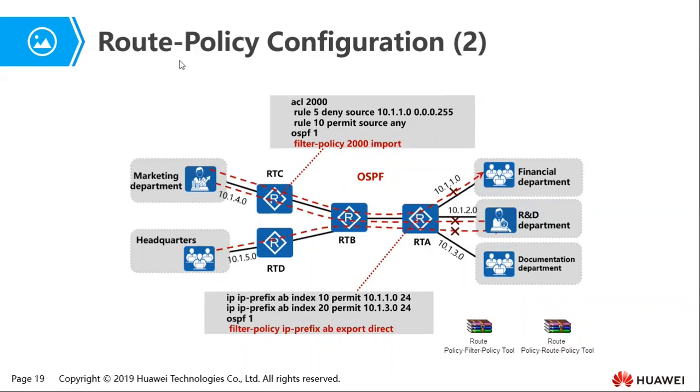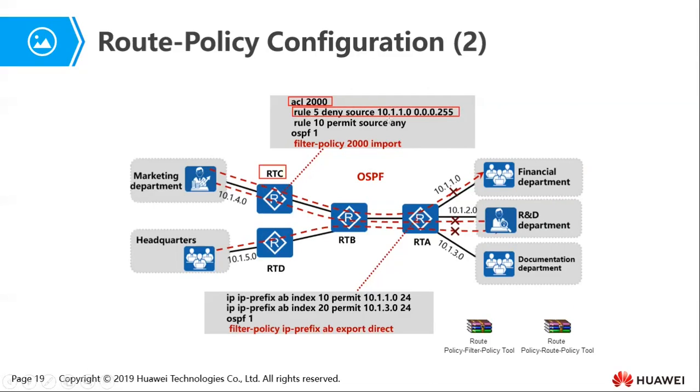Okay, in this example, we are using a filter policy on RTC. What we do is create an ACL, a basic ACL, to identify this particular network, the finance department network, the 10.1.1.0 network.